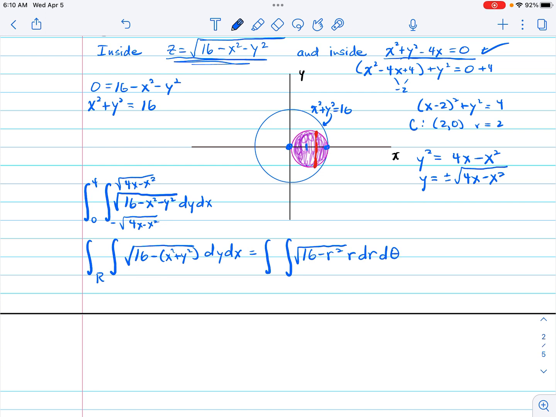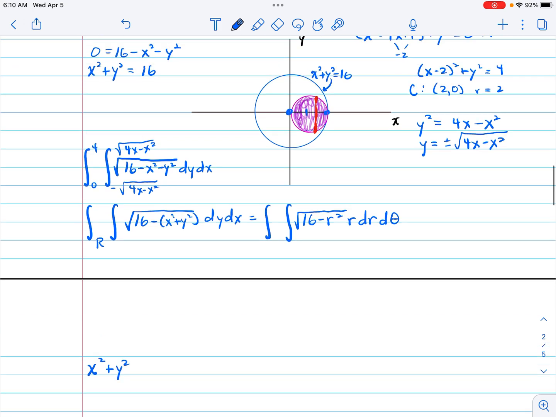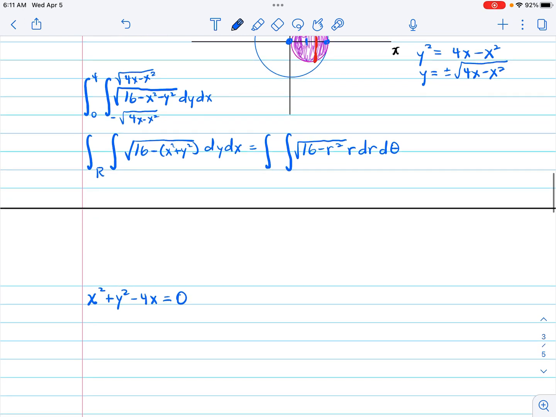So now what we've got to do is determine, in terms of polar, what are my bounds of integration? Well, let's look at what we have here. We have x squared plus y squared minus 4x equals 0. So let's convert this to polar.